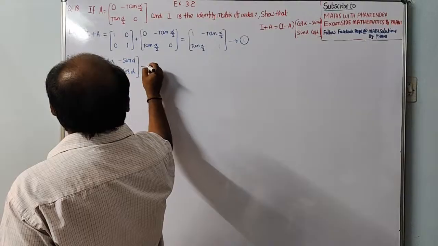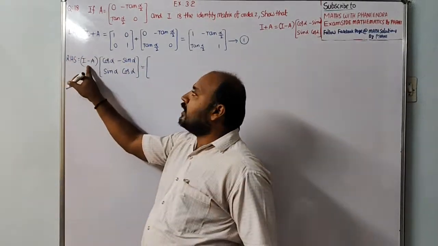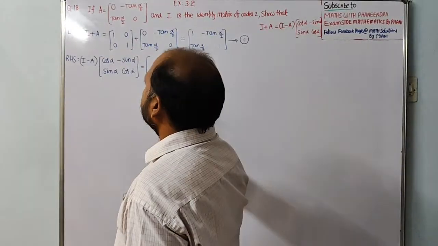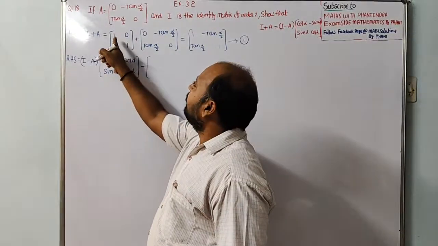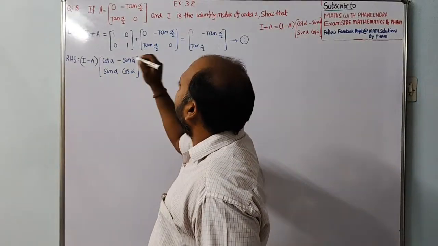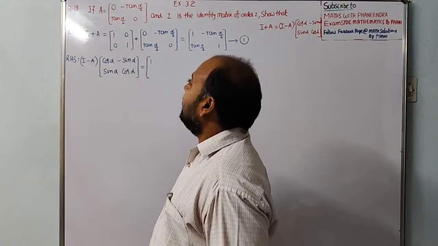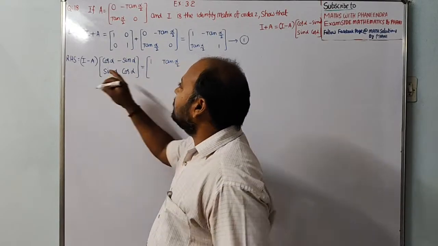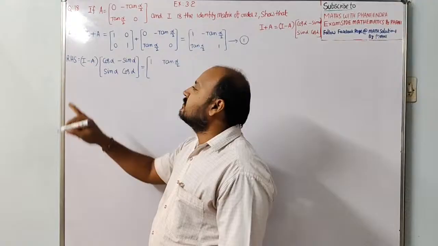What is I minus A? That means identity matrix minus A. So I am directly writing the subtraction of these two: 1 minus 0, next 1 minus of minus tan alpha by 2. This is I minus A, dear students.